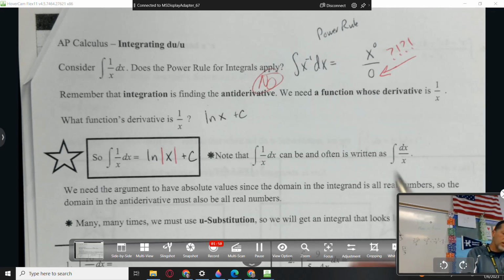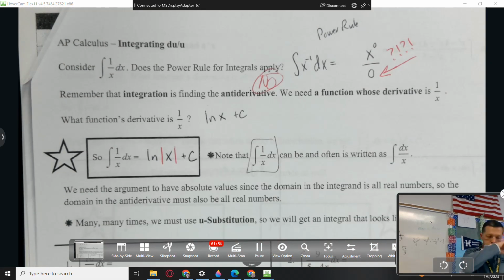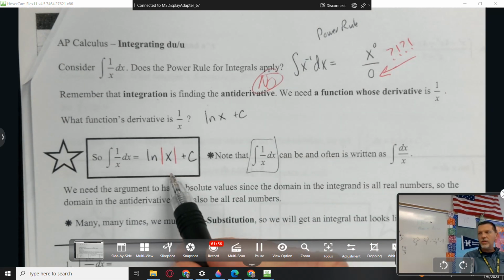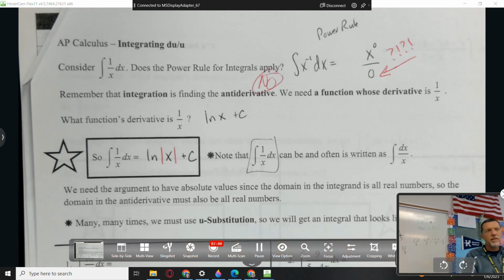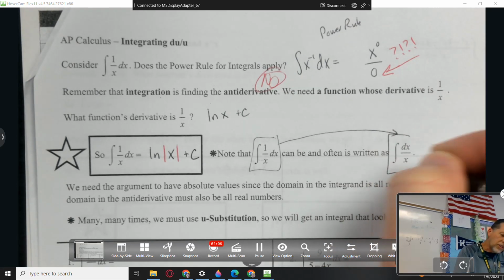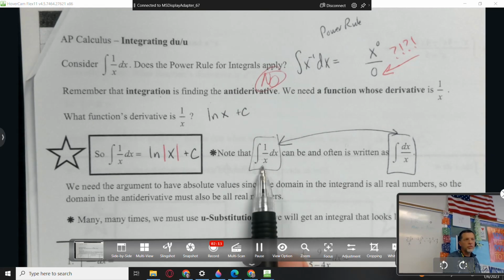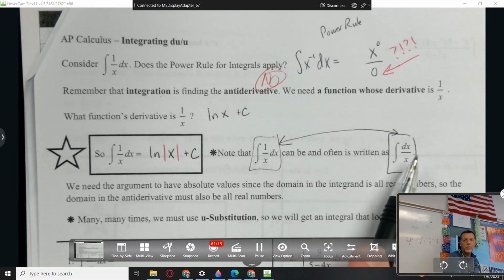But if it's a positive number, can you just leave out the absolute value? Yeah, well, be careful. When it comes time to evaluate, if you get a positive number in there, then the absolute values don't matter. These are the same thing. Maybe you can see that, just dx over x. Our brain is sort of looking for that, but don't be confused.